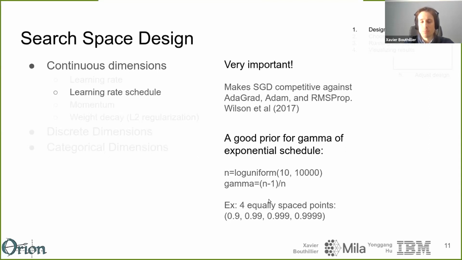This gives you a space. For instance, if you take 5 equally spaced points on the space, you will have 0.9, 0.99, and so on. So as you go along the space, you're kind of adding more decibels to the precision of the gamma. And this is a good way to set the prior for the learning rate schedule if you want to optimize it.